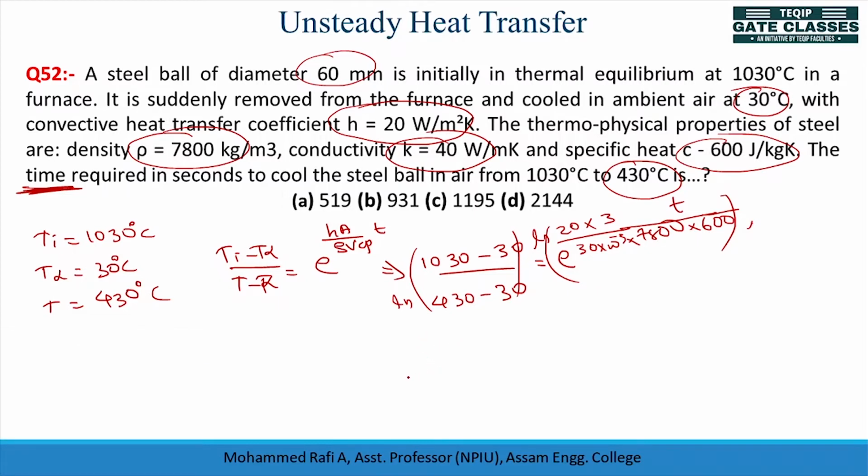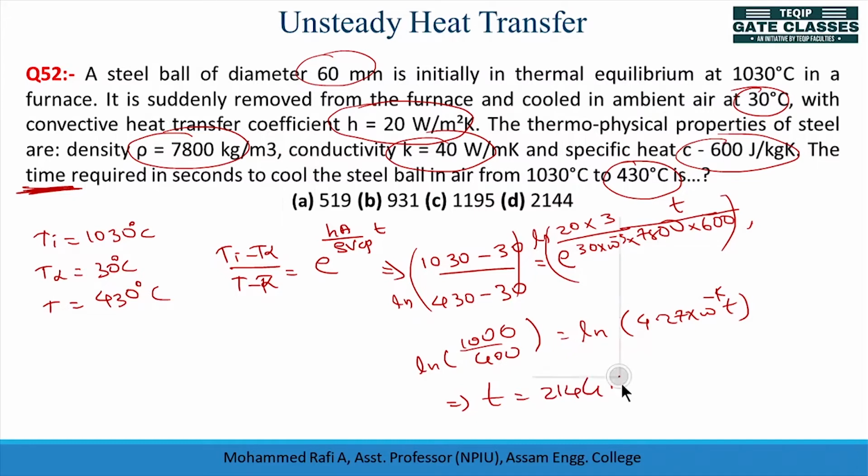So logarithm of 1000 divided by 400 equals 4.27 into 10 to the power minus 4 t. It will be coming out that t is 2144.12 seconds. So you will be getting an answer.